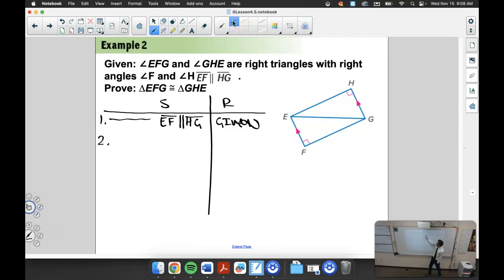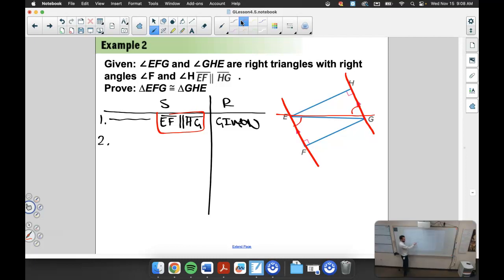So I'm looking at this, and I'm like, okay, parallel lines. When I'm thinking about parallel lines in terms of proofs, I typically am thinking one of two, in these proofs: either alternate interior or corresponding. Corresponding really comes up a lot more later. So right now, alternate interior. If these two lines are parallel, cut by this transversal, I know that this angle here, angle G, and angle E are congruent.